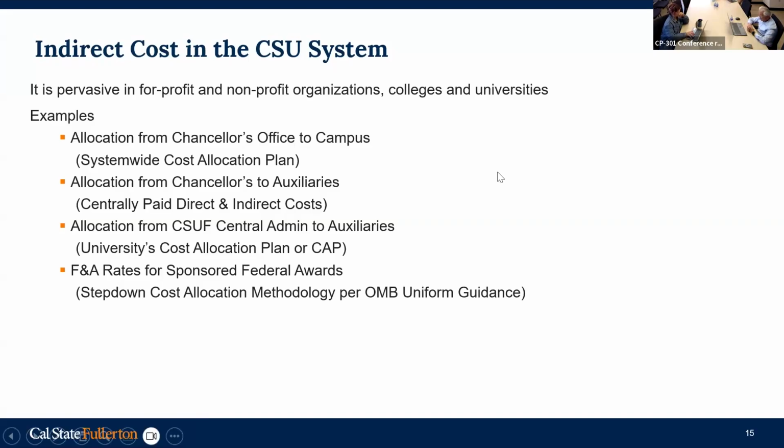Okay. Now the F&A rate is managed by the auxiliary, ASC, Auxiliary Services Corporation, and they are in charge of managing the grants. They are the one who collects to bill the government, not the university.